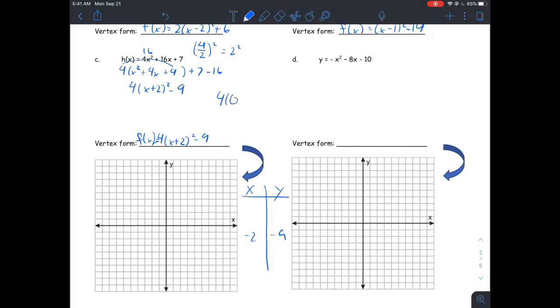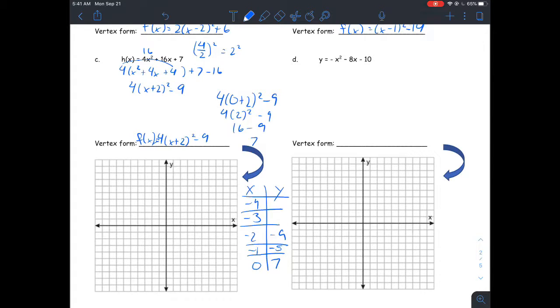So we'll put in 4 times 0 plus 2 squared minus 9, which is going to give us 4 times 2 squared, which will give us 16 minus 9, which gives us a positive 7. And then when we plug in a negative 1, we get a negative 5.